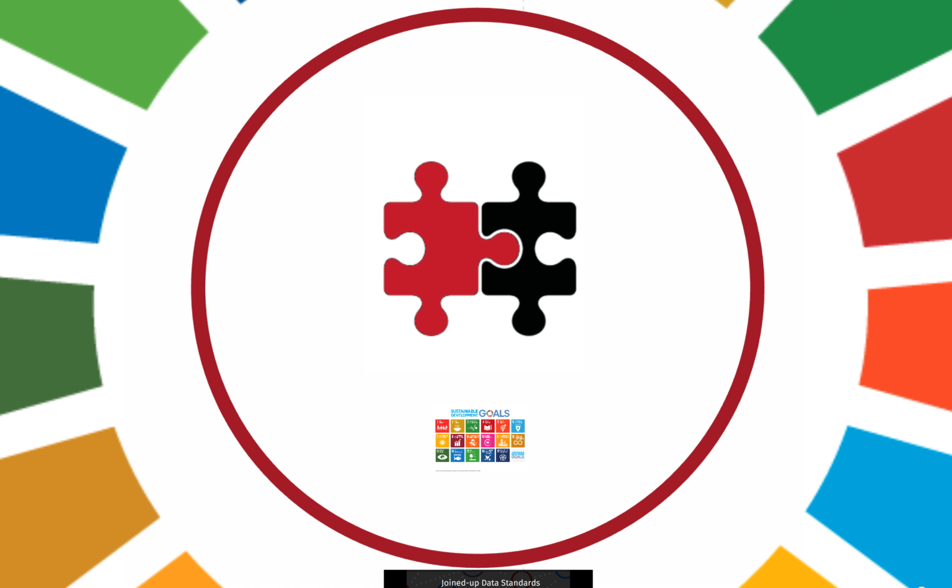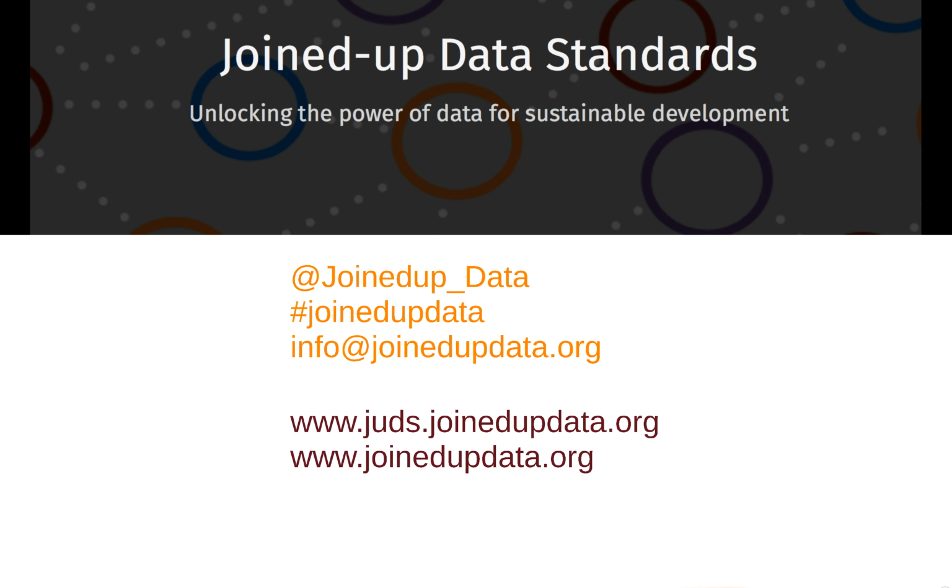Making data interoperable in this way gives you a better, holistic picture of all the moving data elements that go towards meeting and monitoring the SDGs, turning a complex data problem into a joined-up, information-driven solution for decision makers. Joined-up data standards, unlocking the power of data for sustainable development.